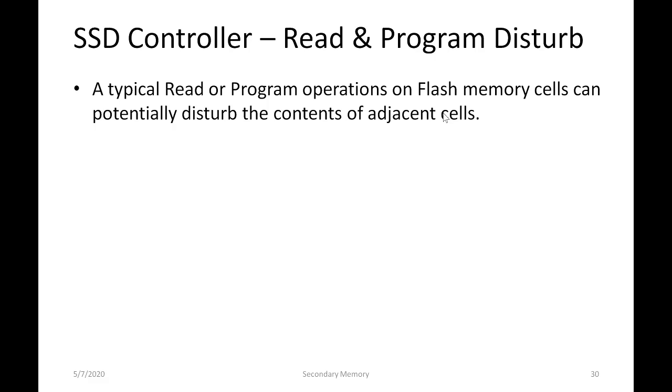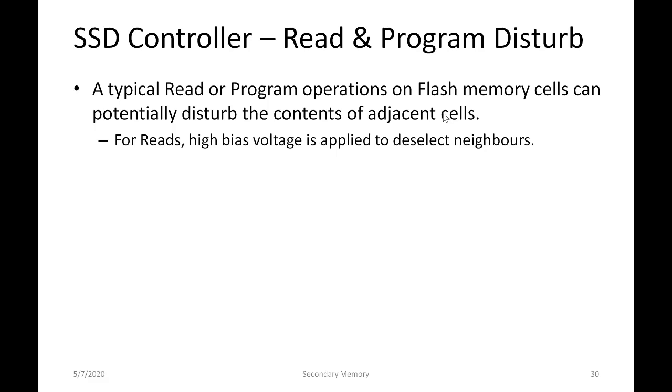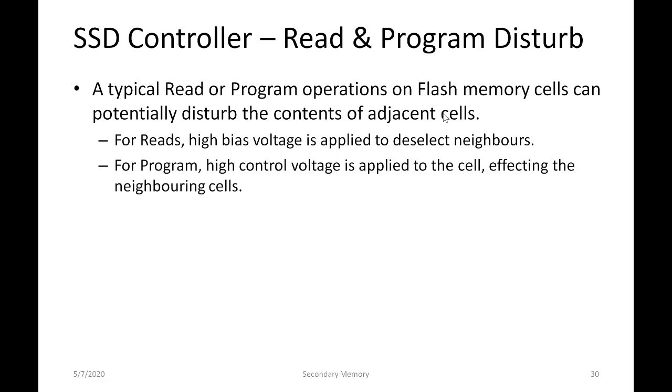The reason being, for reads, in order to deselect the neighbors, a high bias voltage is applied. Because of that, the data in the floating gate as electrons can get disturbed. For programming the flash memory cell, a very high voltage is applied at the control gate. Because of this, the neighboring cells can get affected and their data can get disturbed.